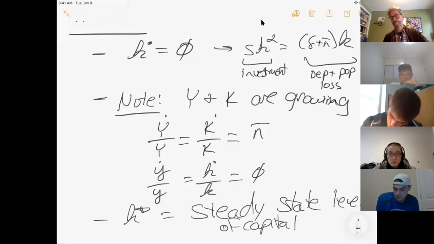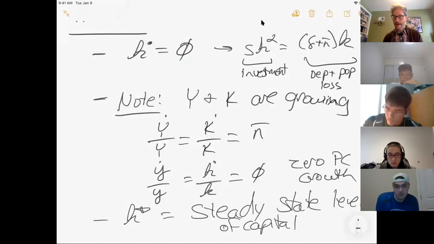So if you get to this point, what happens to your per capita growth rate? It's 0. You have 0 per capita growth in the steady state.